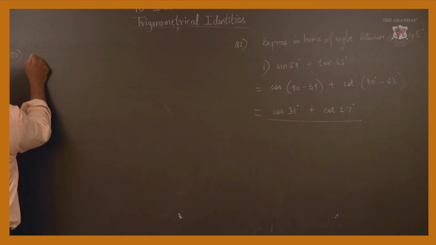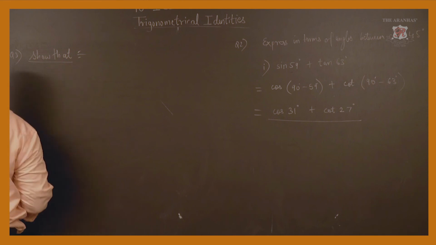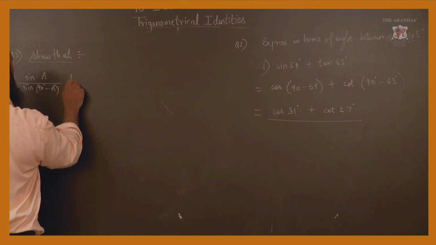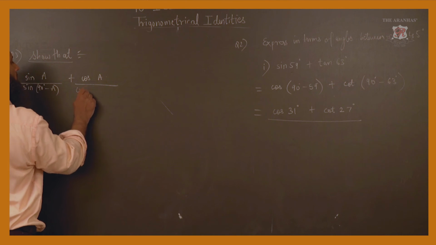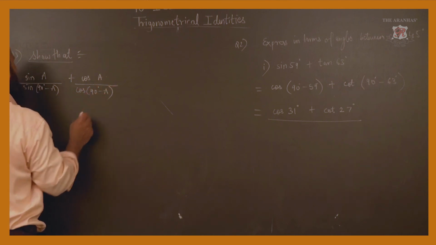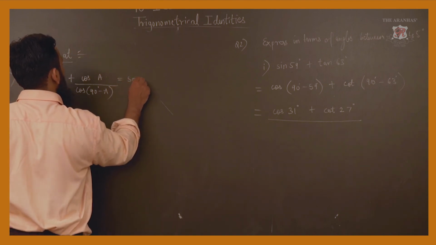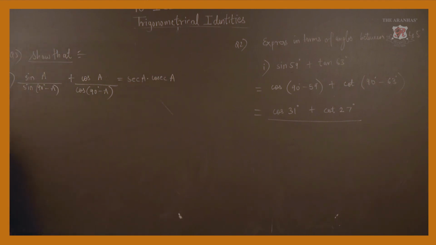Question 3 is, show that, I will solve one from this, sin of A upon sin 90 degree minus A plus cos of A upon cos of 90 degree minus A is equal to sec A into cosec A. We have to prove this.